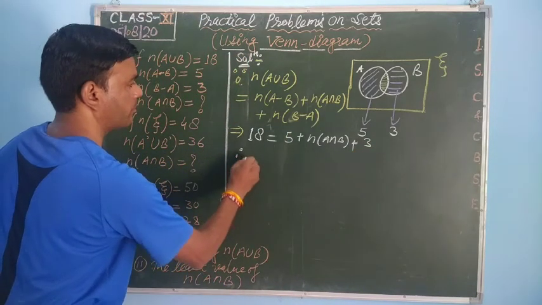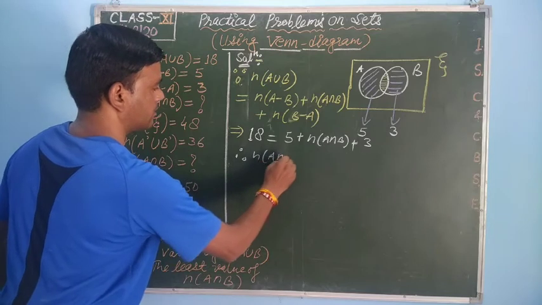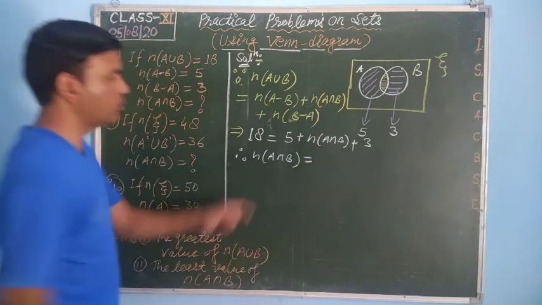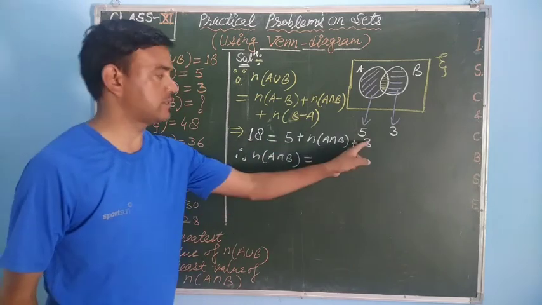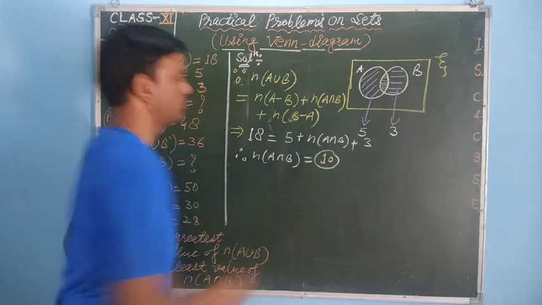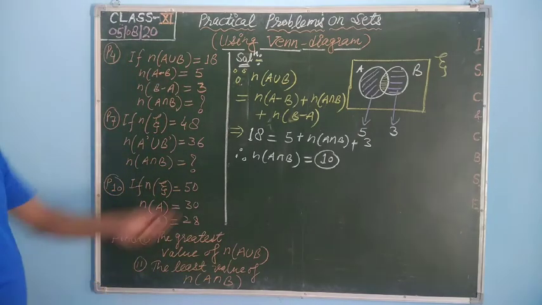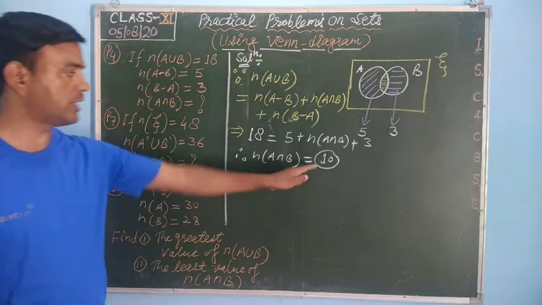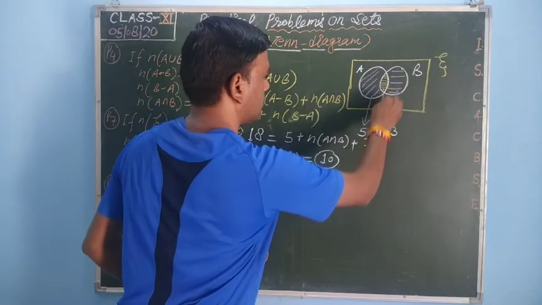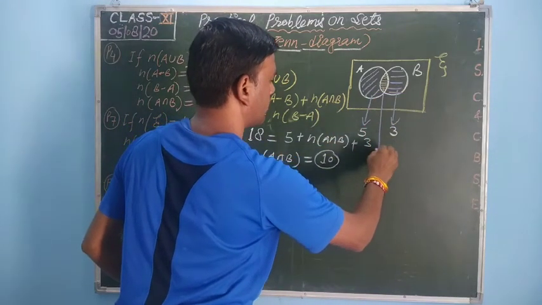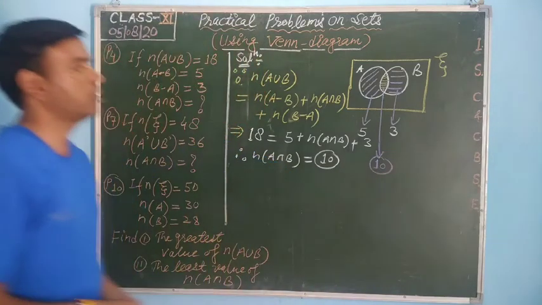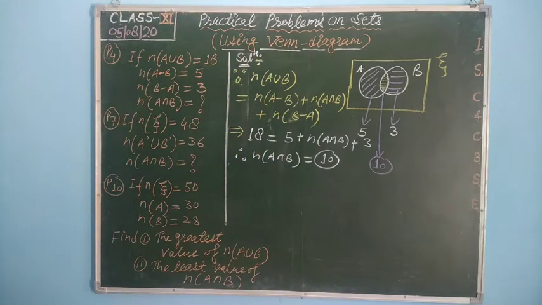Therefore, n(A intersection B) will be equal to 18 minus 5 plus 3, that is 8. 8 will shift here, so you will get the value 10. So this is the required answer for n(A intersection B), meaning those elements which belong to both A and B. Number of elements belonging to A intersection B is equal to 10.